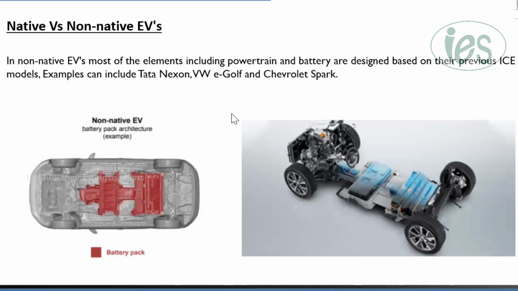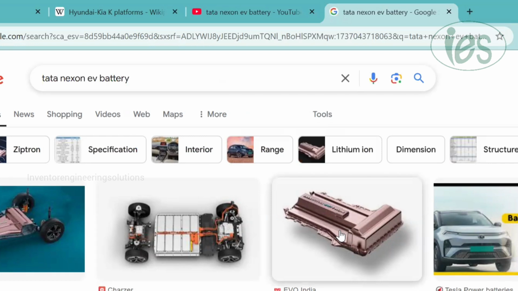I will give an example: the Tata Nexon. It has IC engines, and the same platform has been slightly modified in order to accommodate the EV structure. The battery has been designed to fit the area which was already designed for the IC engine.